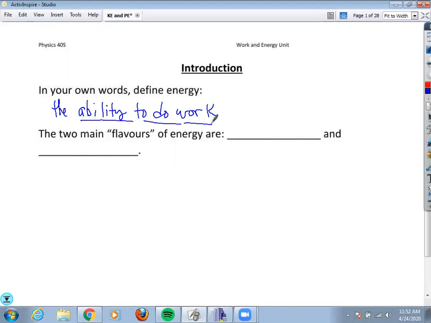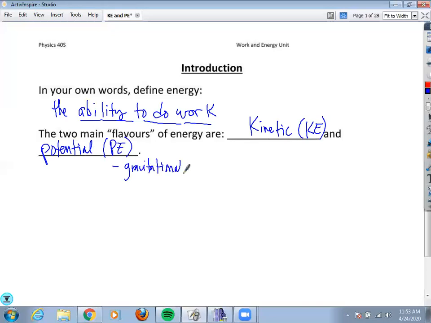There's two main flavors of energy, two main types. You can divide them into two groups. The first group would be kinetic energy, which we abbreviate KE, and potential energy, which we would abbreviate PE. And there's different types of potential energy. There's gravitational, there is elastic.